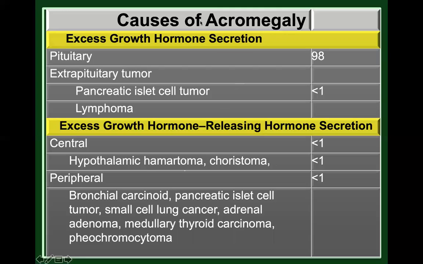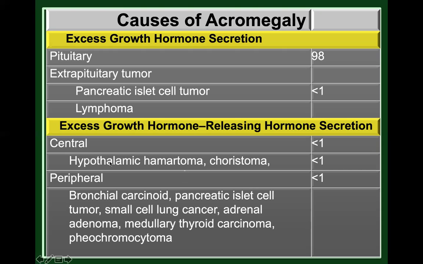So growth hormone excess, majority would be pituitary. So about 98%. Now, it is extra pituitary tumor that you can see in some pancreatic islet cell tumor or lymphoma. Now, acromegaly can also occur because of the releasing hormone secretion, but this is less than 1% of all.